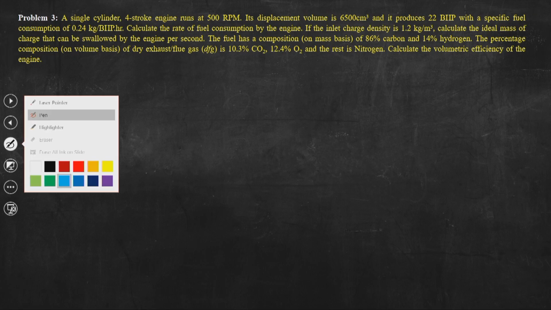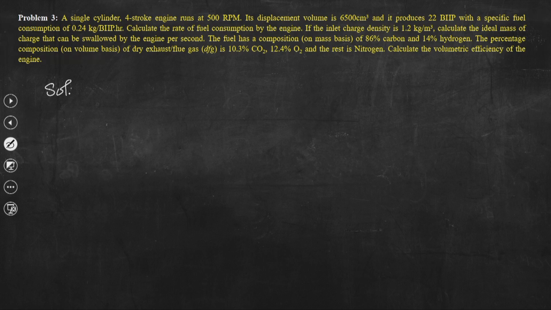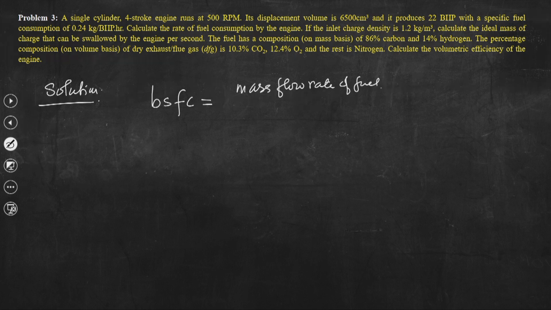If I solve this problem, you know that what is given is the engine produces 22 bhp, brake horsepower, with a specific fuel consumption of 0.24 kg per bhp hour. Let us define what BSFC is, that we have studied in our undergraduate course. Brake specific fuel consumption, the definition is mass flow rate of fuel per unit power developed.